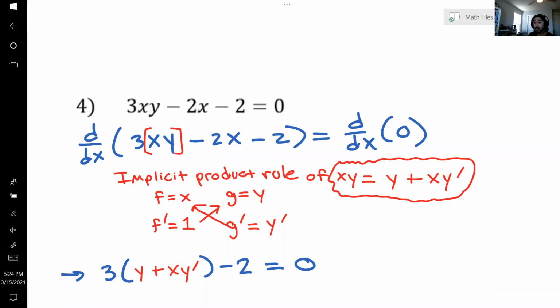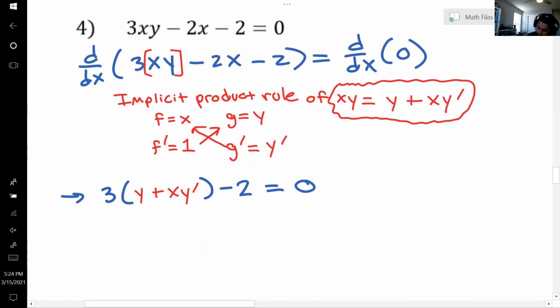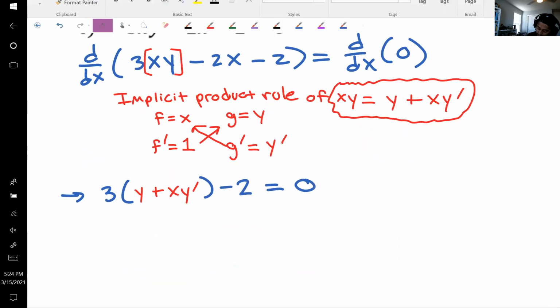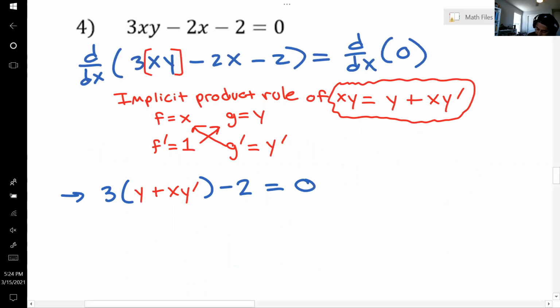Now all we have to do is solve for y prime. So distribute that: 3y plus 3x y prime, and I'm going to move that 2 over already, equal to 2.